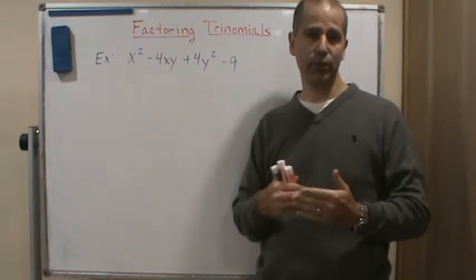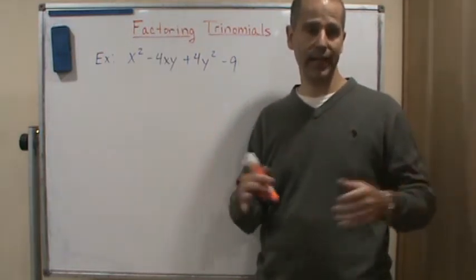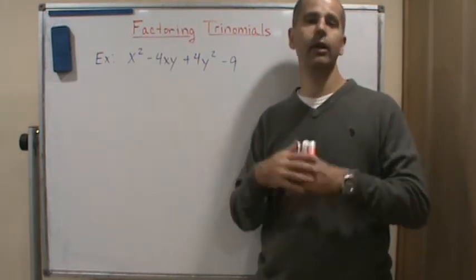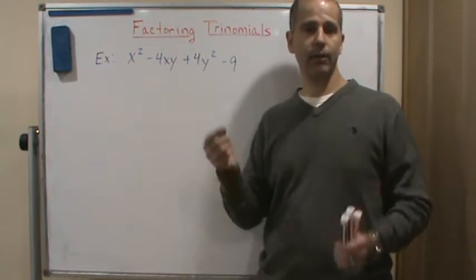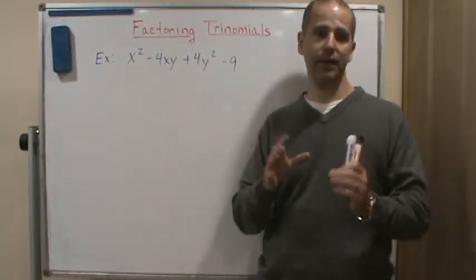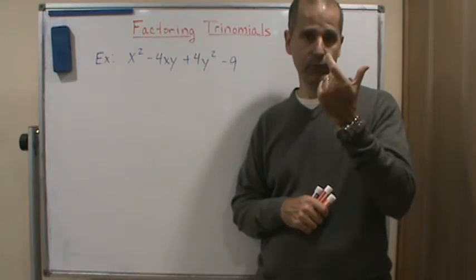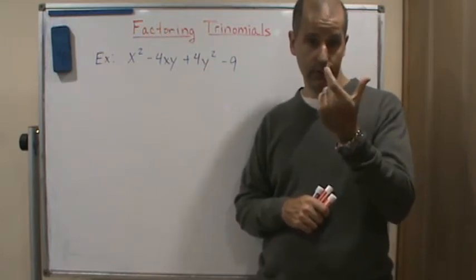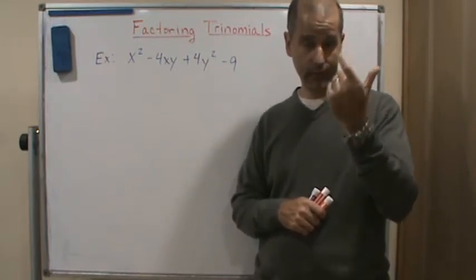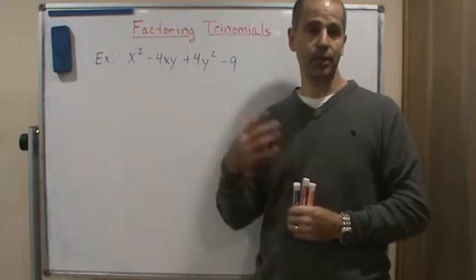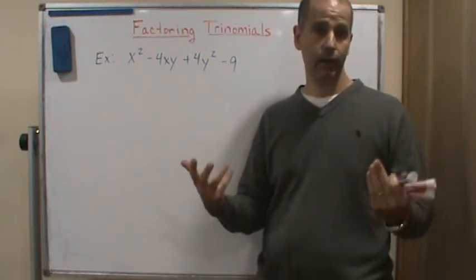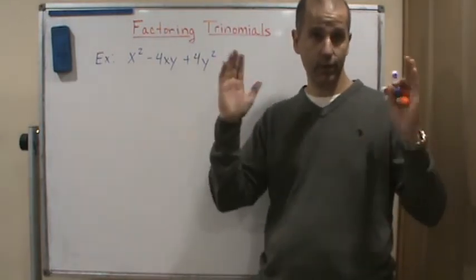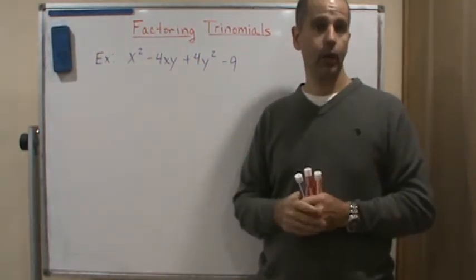So the AC method works in every single case, whether the leading coefficient is 1 or not. But if the leading coefficient is 1, we know how to handle that easily, right? We find the two factors of the constant term that add up to the middle term, and you're done. You just factor and you're done.